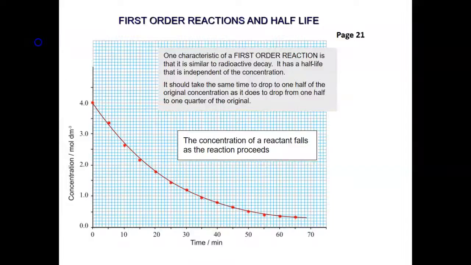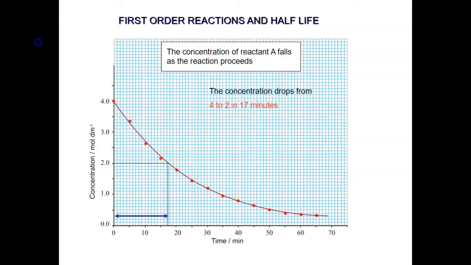So we're on page 21 of your notes, and we're looking at first order reactions and half-lives. If we consider this concentration-time graph, what you notice first of all is that the concentration falls as the reaction proceeds. What we're now going to look at is the half-life, in other words the time taken for the concentration to halve.